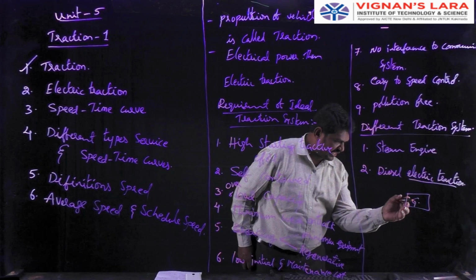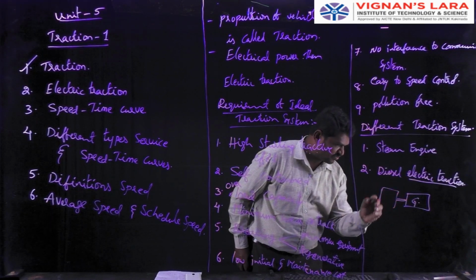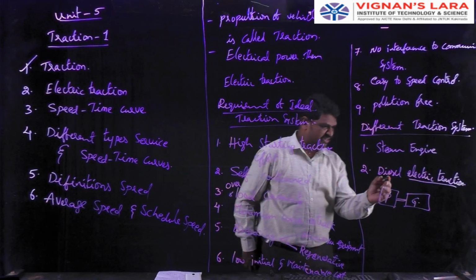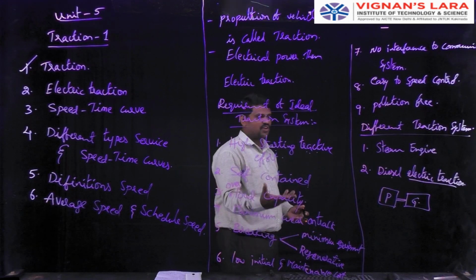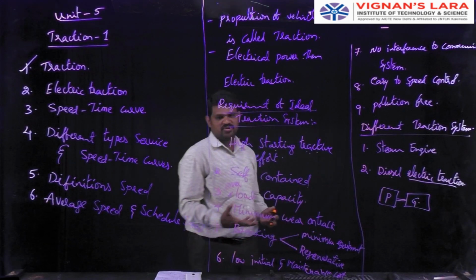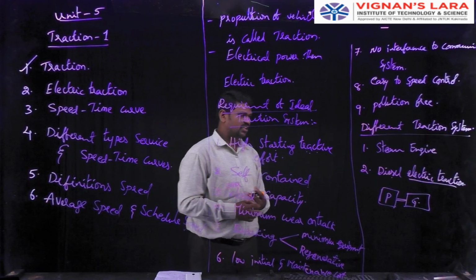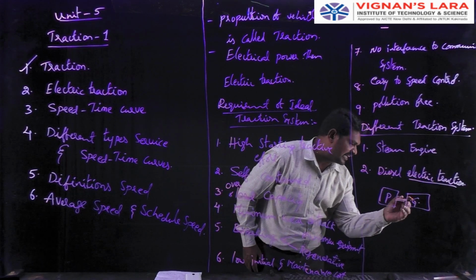For electrical energy generation, we need a prime mover. This prime mover may be a diesel engine or a petrol engine. Many different IC engines are available. By using this prime mover, we generate the electrical energy.